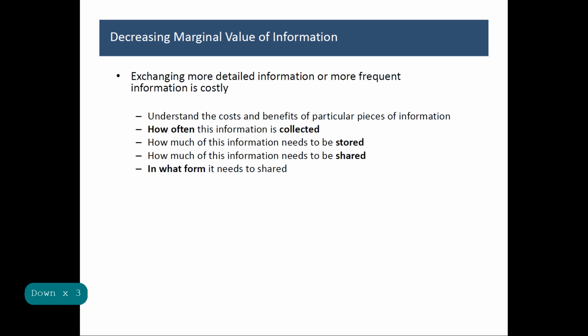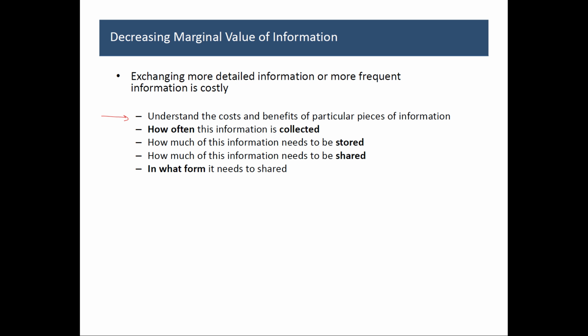So the exchange of detailed information is costly, and the more frequently we do it does not necessarily lead to more value. So it's not a linear system, let's say. So we need to understand the costs and the benefits of particular pieces of information that we want to collect.